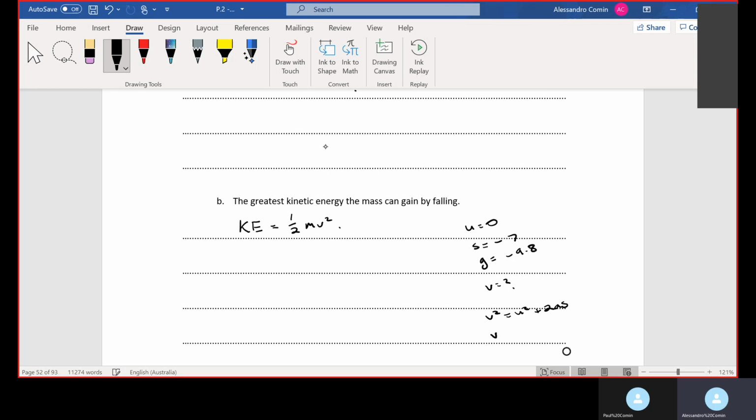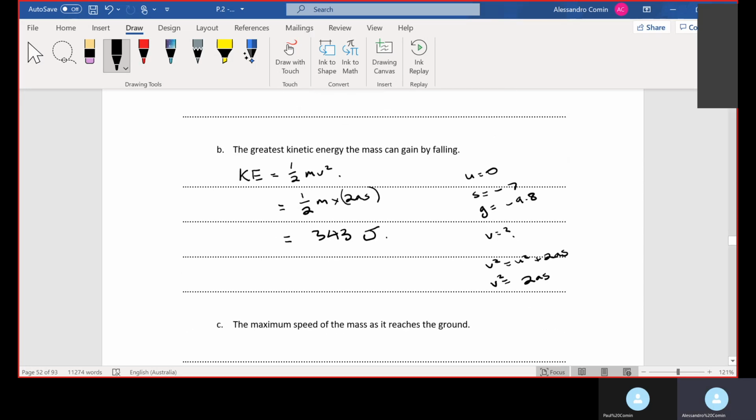So v squared is equal to 2as, because obviously u squared equals 0. So we're going to have half times m times 2as. Let's just plug everything in. Half times 5 times 2 times 9.8 times 7. Look at that. It's 343 joules.